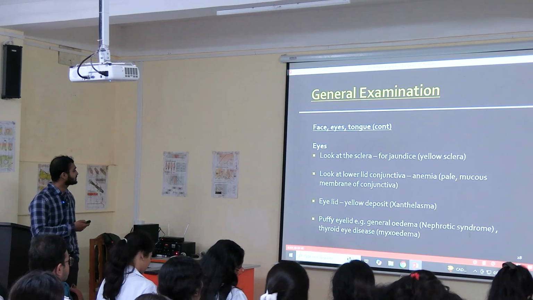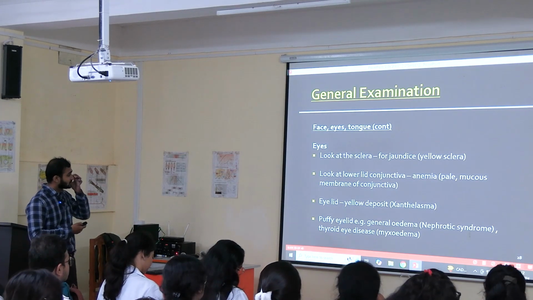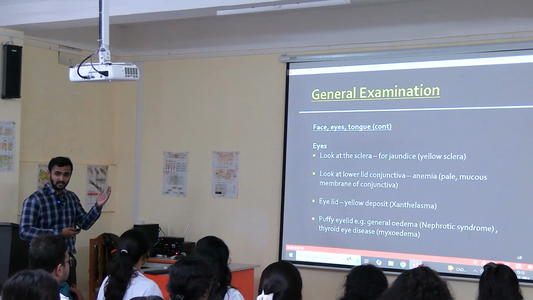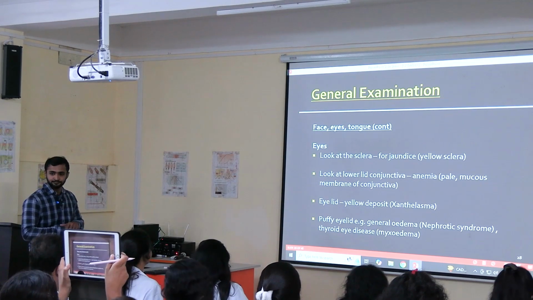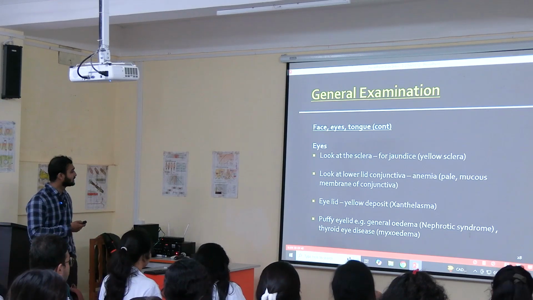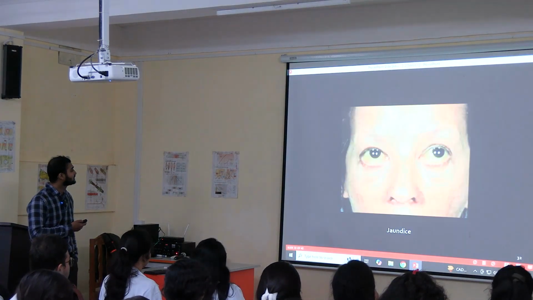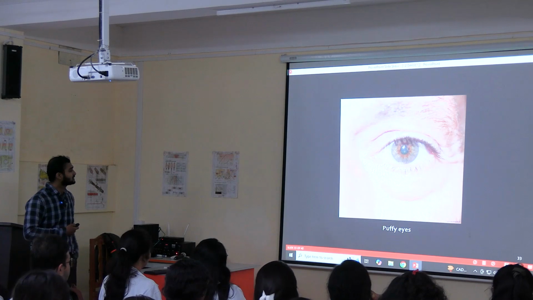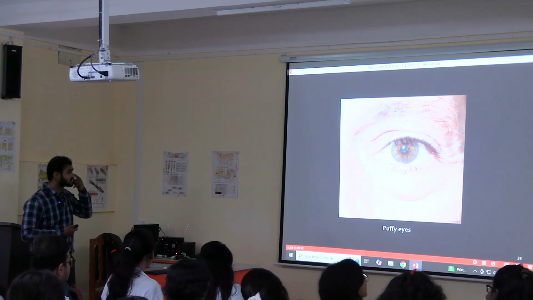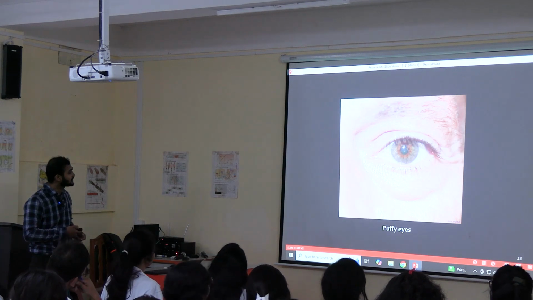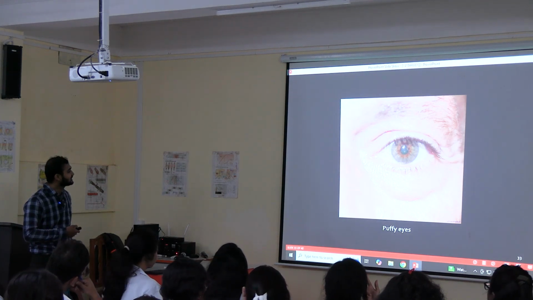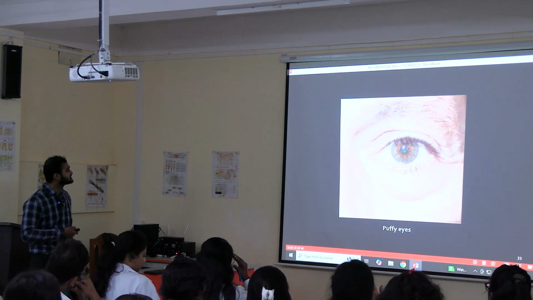And in the eyes, you can differentiate between sclera, conjunctiva, iris, pupil. Can you differentiate? Have you seen? See this picture. Which part is the sclera? Yes, this part is the sclera, and this part.